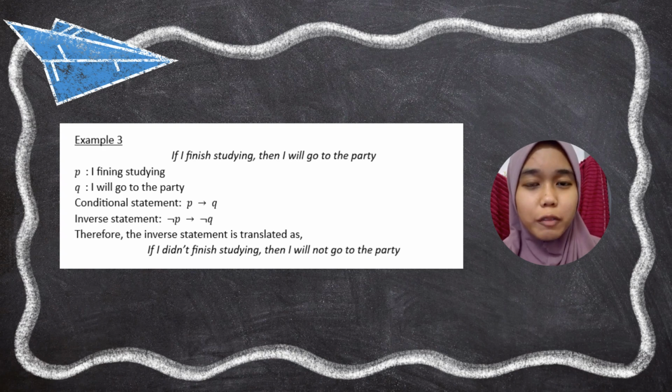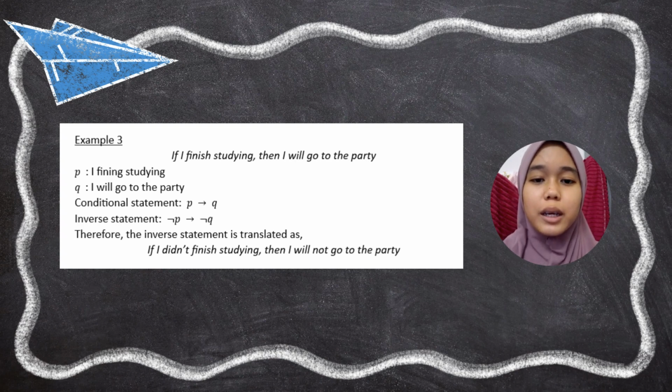We need to identify the P and the Q, which is P is I finish studying and Q, I will go to the party. The inverse statement will be if not P, then not Q, which will be if I didn't finish studying, then I will not go to the party.